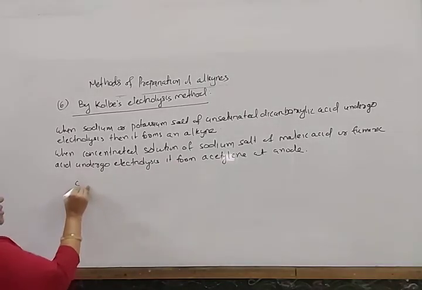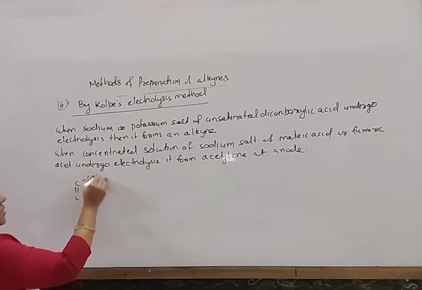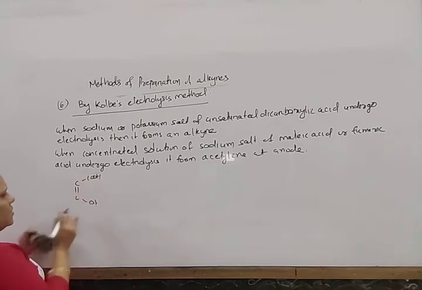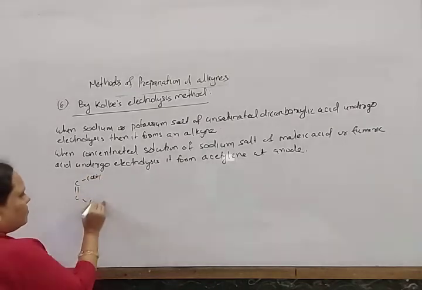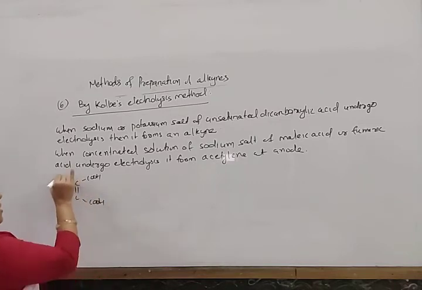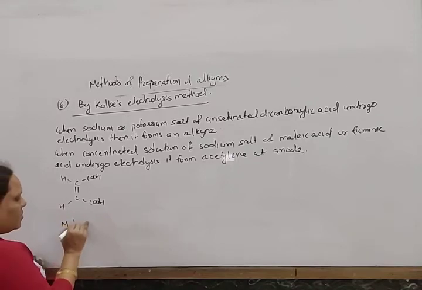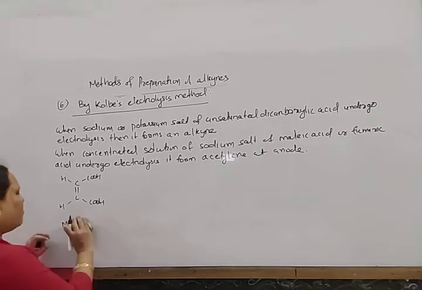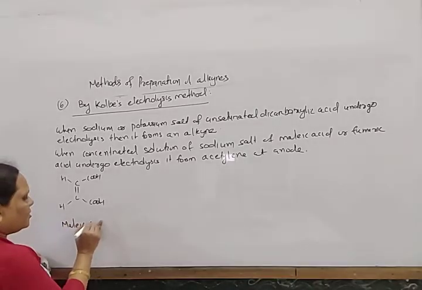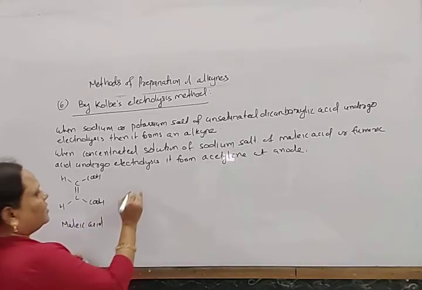Look here: HC double bond CH, with COOH, COOH, and H and H. This is actually known as maleic acid.